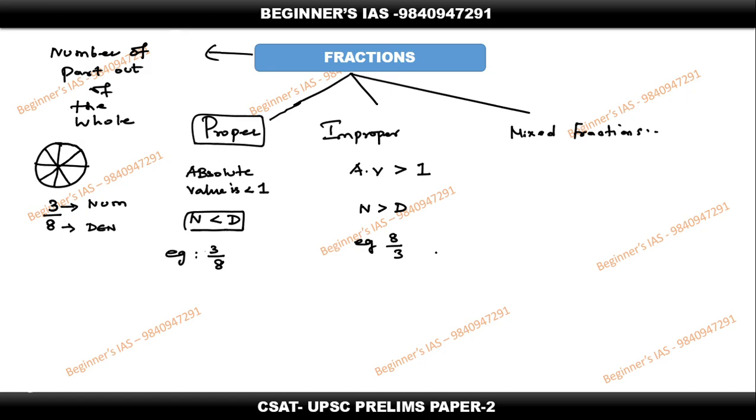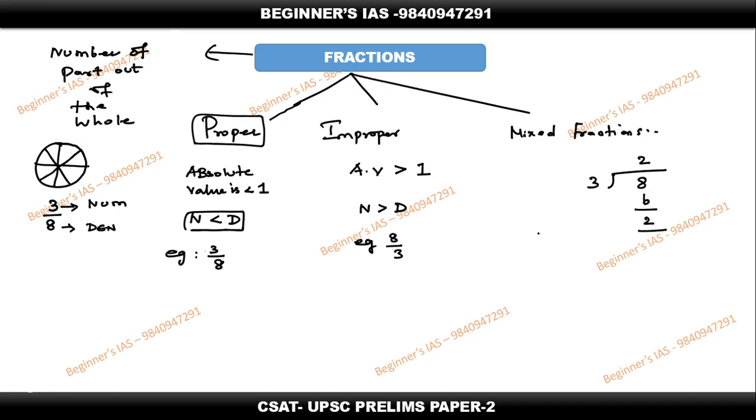And then the mixed fraction. How to find out the mixed fraction? Every improper fraction can be converted into a mixed fraction. How? Listen. This is 8, this is 3. Just divide: 3 times 2 is 6, which leaves you a remainder 2.